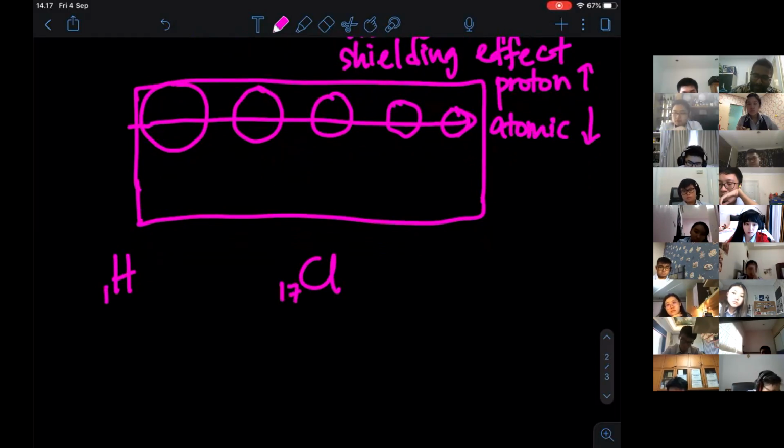And if you look at your periodic table, it's under group 17, which is somewhere here. So you can see that chlorine definitely will have a stronger nuclear charge, where it can actually pull the electrons from the hydrogen towards itself.